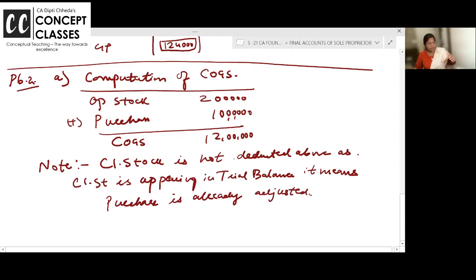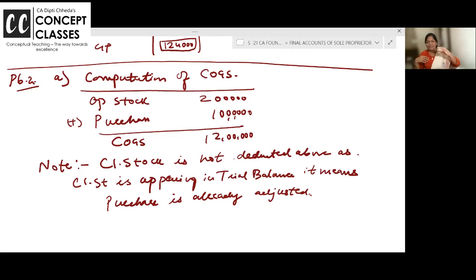Write calmly, and if you have any doubt, ask. I'll read out again. Closing stock is not deducted while calculating COGS.